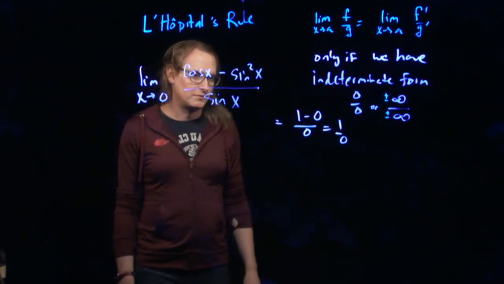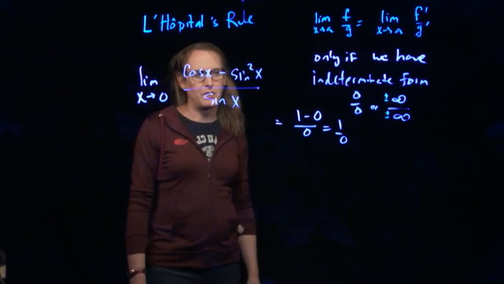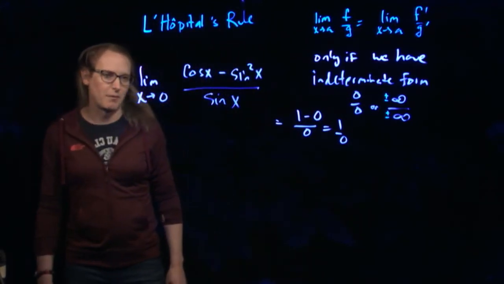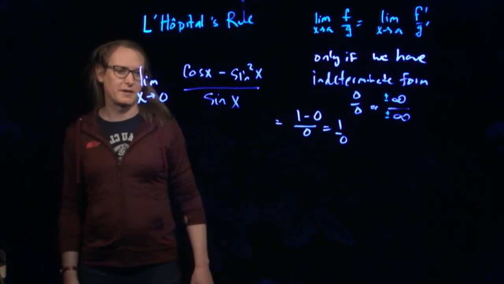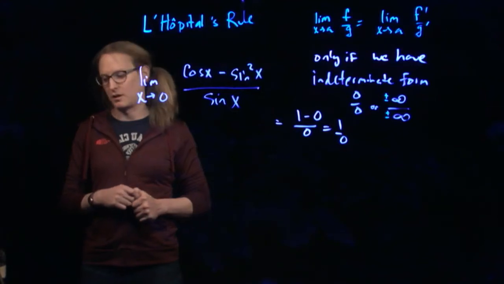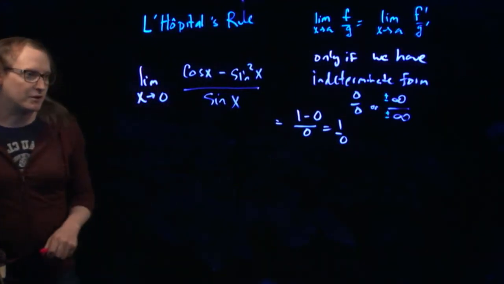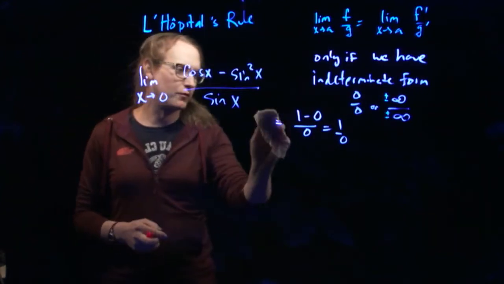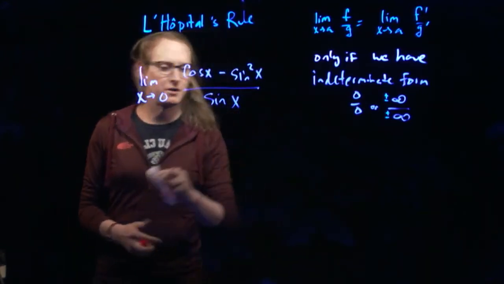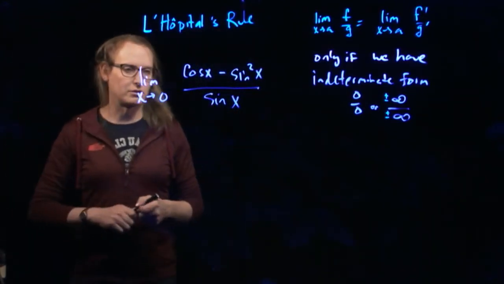So we can't apply L'Hopital's rule to this thing, nor should we. We should just use our typical methods of computing limits to evaluate this one. So we don't have the appropriate indeterminate form to take L'Hopital's rule, so we're just going to do regular old limits on this thing.